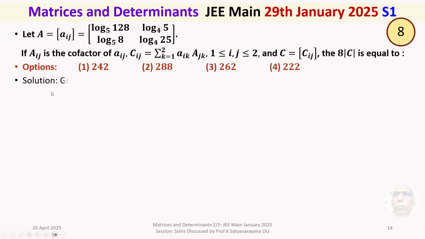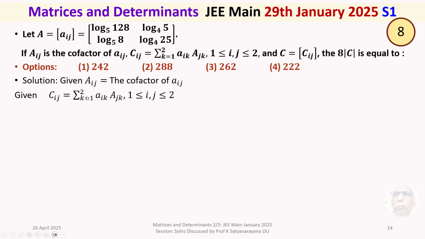Now, we are given capital Aij is the cofactor of Aij, and Cij is sigma k equal to 1 to 2, Aik Ajk. First of all, C11 is equal to sigma k equal to 1 to 2 of A1k multiplied by capital A1k.